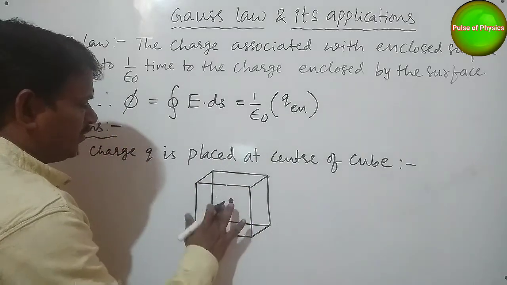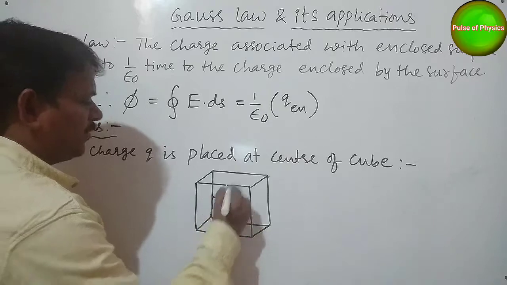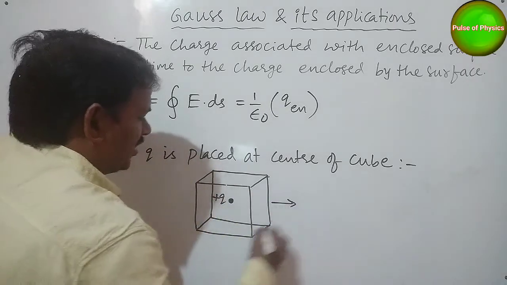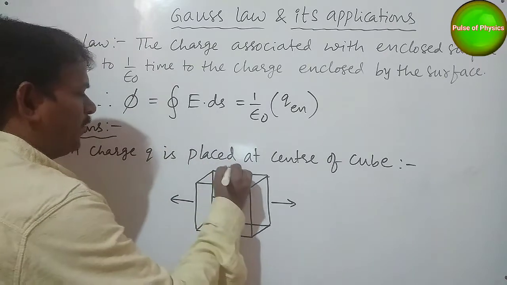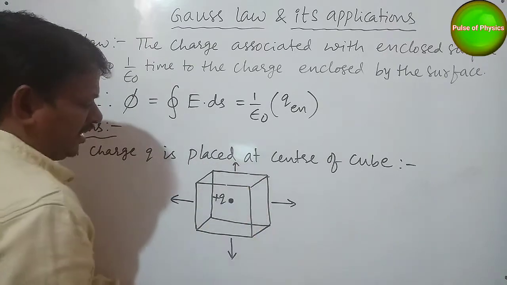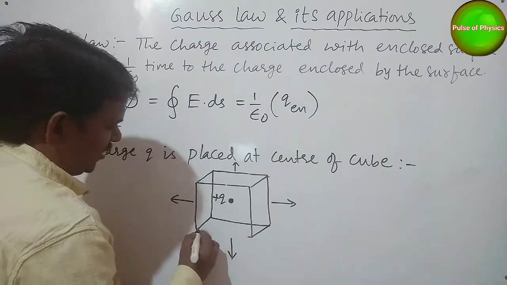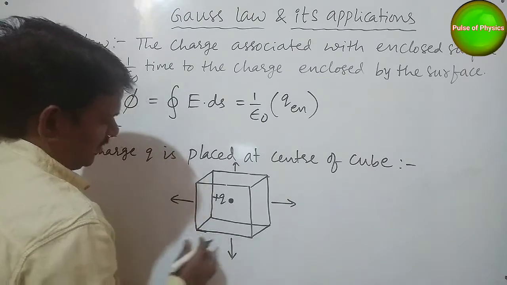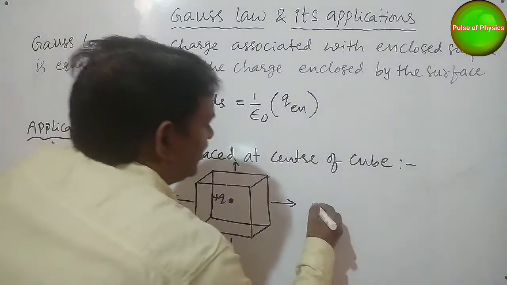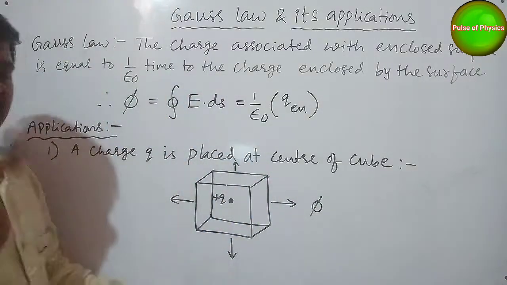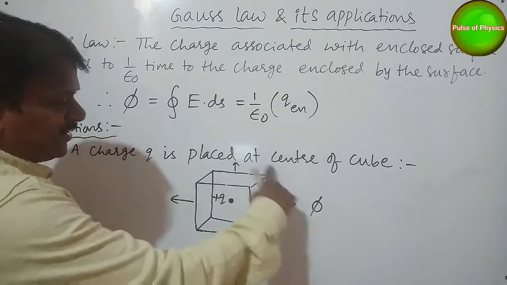We placed a positive charge here, then what happens? All the electric field lines come out from the cube in all possible directions, right? The total flux in this case, as per the Gauss law, is given by the charge enclosed by the surface.